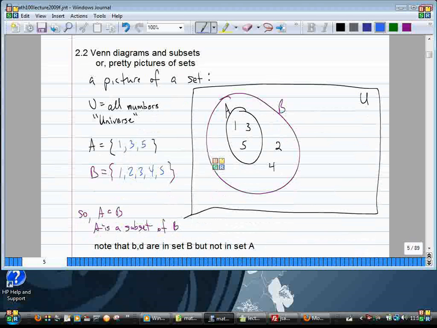Yeah, it stands for contained in, but another way to say that is subset.